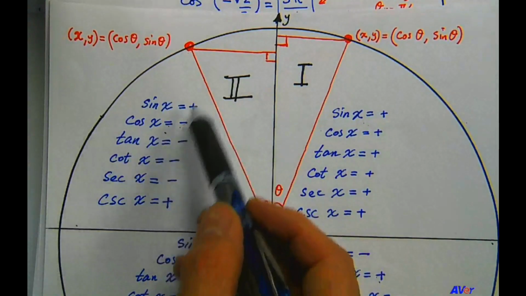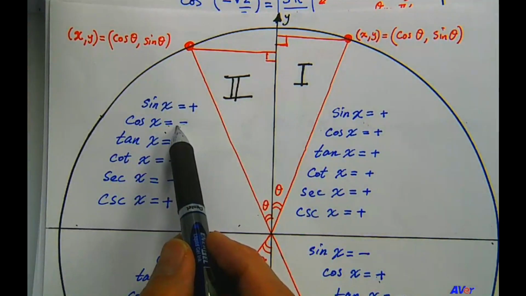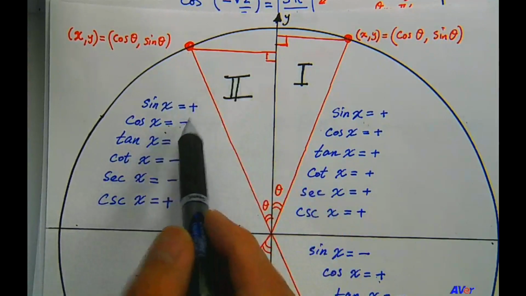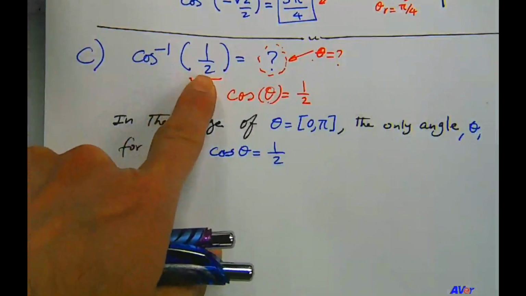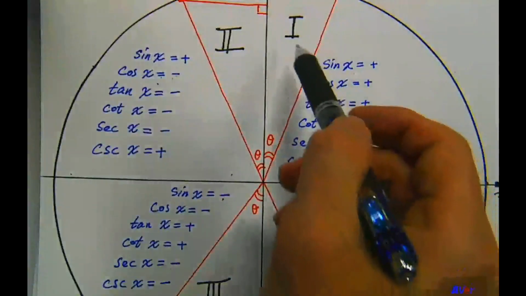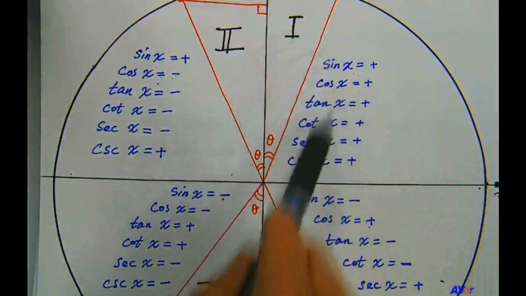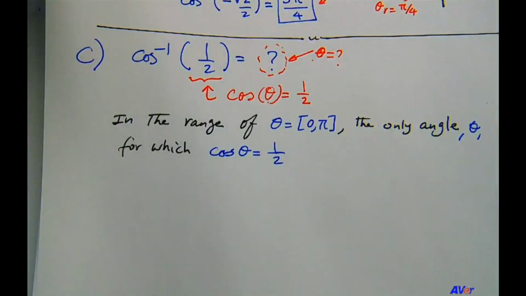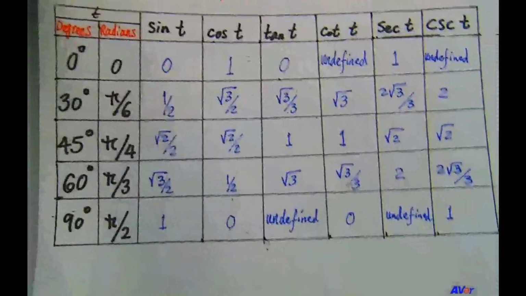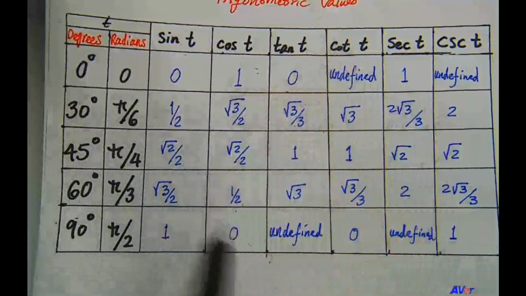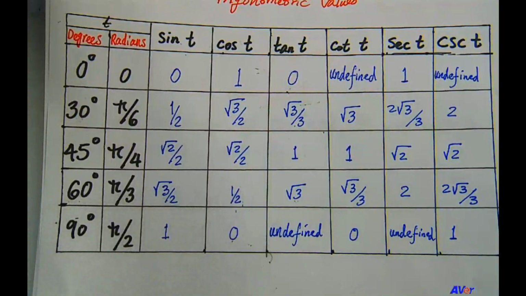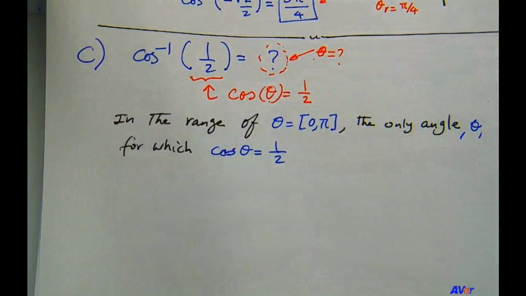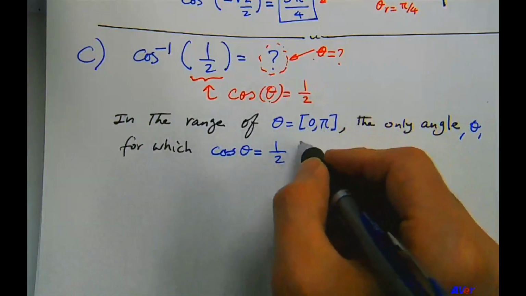Can we be in quadrant 2? No, it's negative. Cosine of angles in the second quadrant is going to be negative, not positive. We're positive. So we are in the first quadrant where the cosine of any angle is positive. And from this table of special trigonometric values, we now know that that's a pi over 3, or 60 degree angle, cosine of which is 1/2, for which that is in quadrant 1.